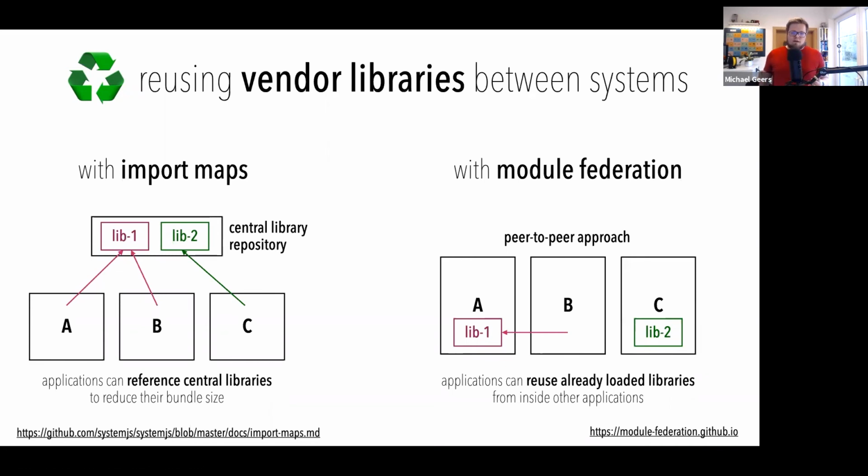The left one is called import maps. Import maps is a feature which has been present in Chrome for a few months now. This is the ability to place libraries in a central place and let bundles, like Webpack bundles, for example, link to these libraries. So you have a Webpack build and say, okay, Webpack, don't include Vue.js.